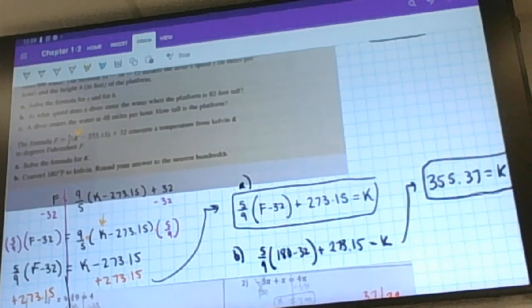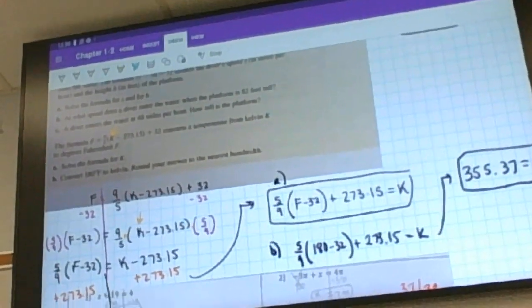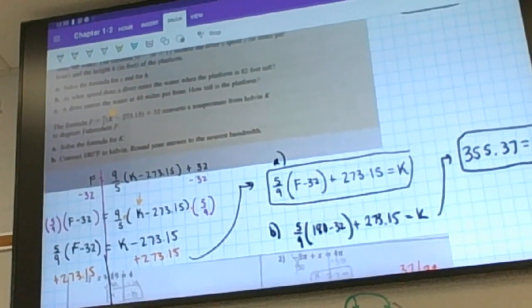I forgot to write down. 39. 4. I'm pretty sure there's an equation for 4. For 39.